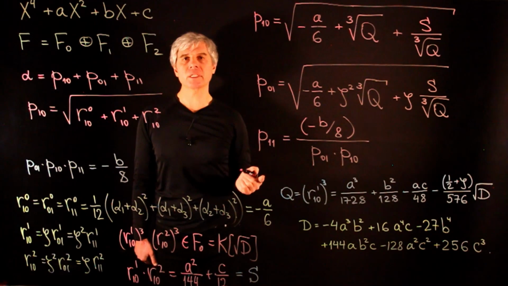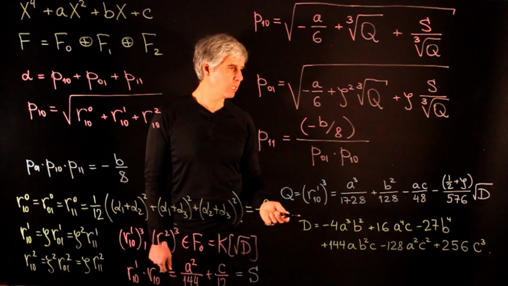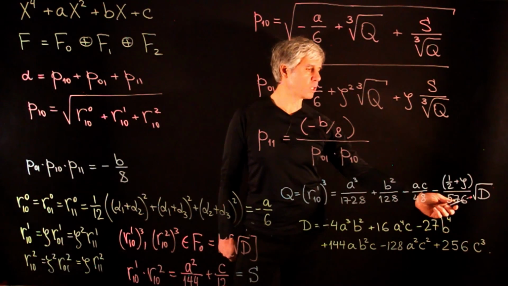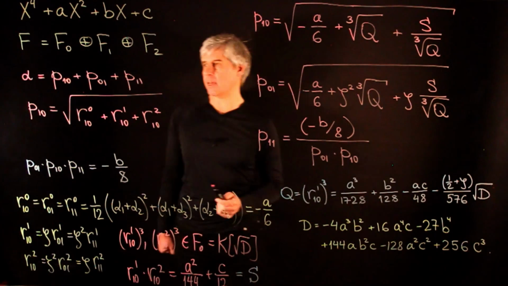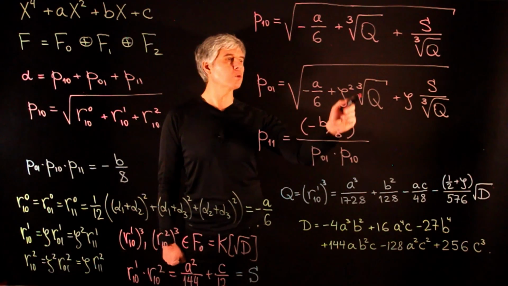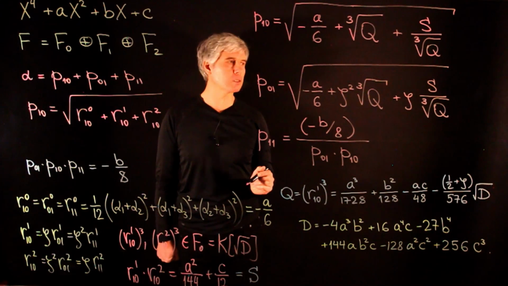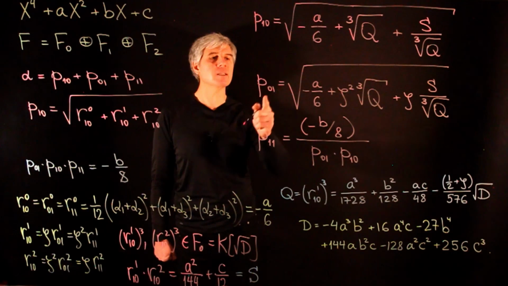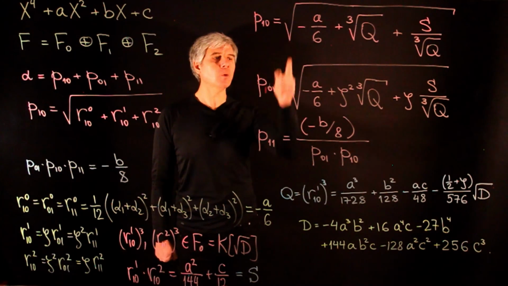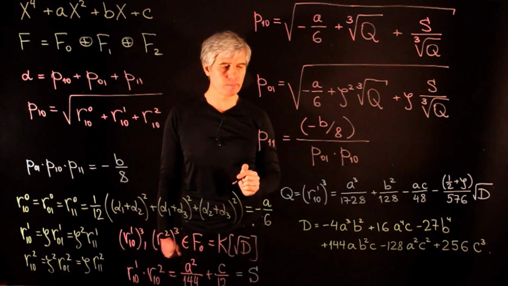When we carry out these calculations, we make some arbitrary choices. So here we need to make a choice for the sign of the square root of D. Then when we compute cube root of Q, we have three possibilities for choosing this complex value. And when we compute P10 and P01, there are also arbitrary choices of signs of these square roots.